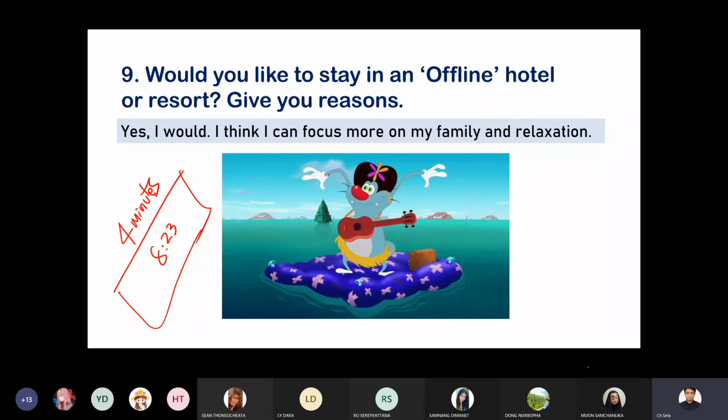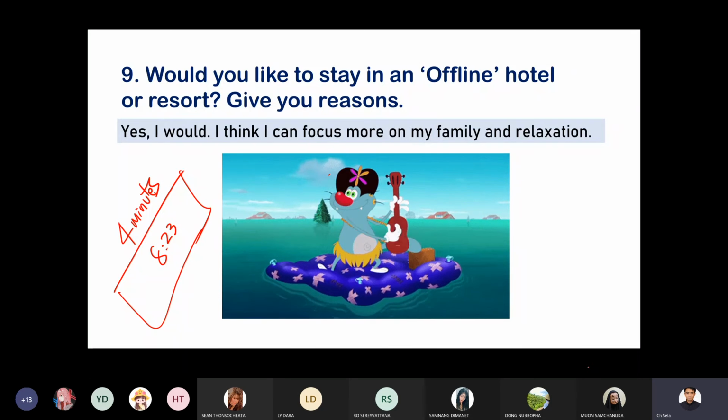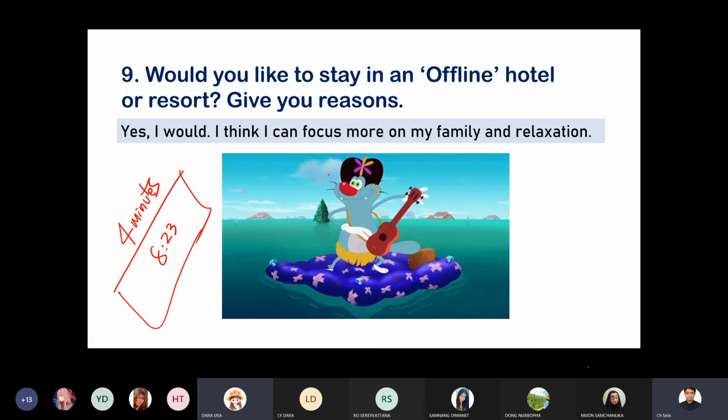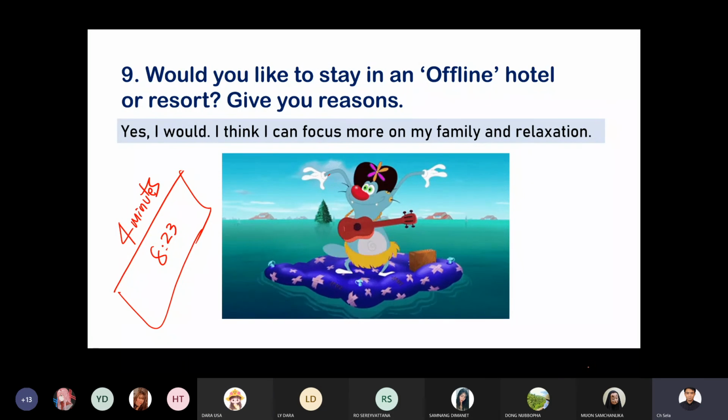Very quiet. So Dara Usa, please. Yes, teacher. I want to stay quiet and spend my time with my family. Okay, you want to stay quiet and spend time with your families. All right, so thank you very much for this.